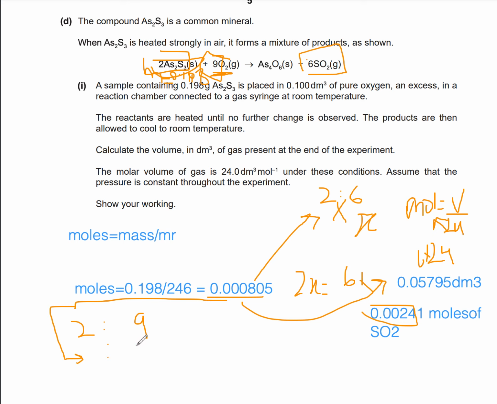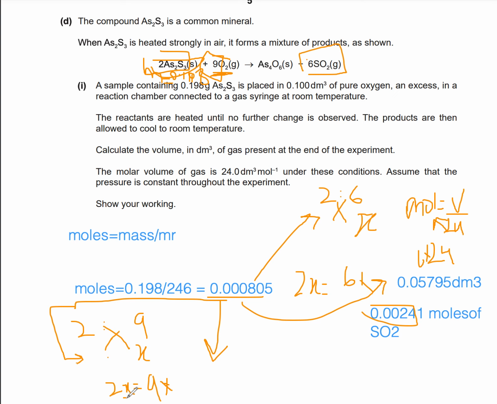We need to find out how many moles of oxygen are being consumed when this many moles of As2S3 are reacting. So 2x is equal to 9 multiplied by this number.